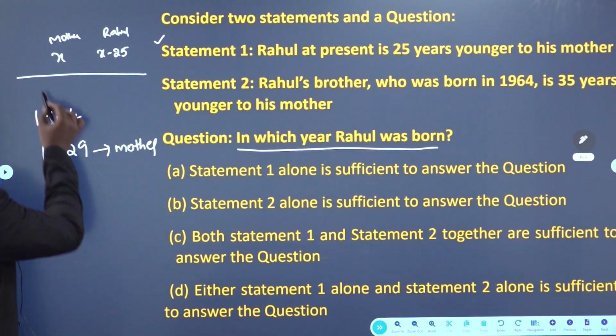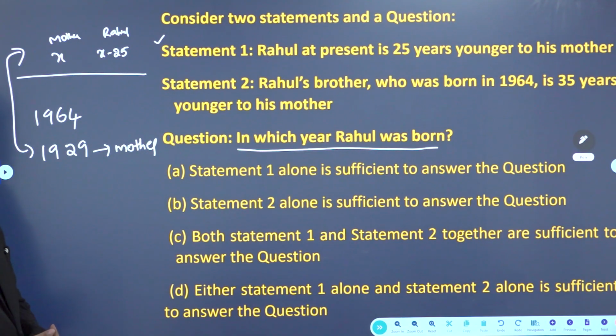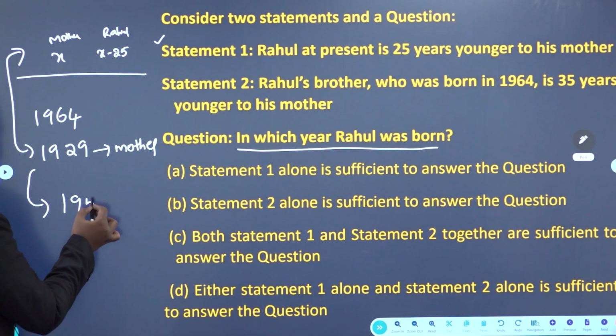Now I will compare statement 1 and statement 2 combinedly. According to statement 1, he is 25 years younger to his mother, right? And his mother was born in 1929. Then in which year will Rahul be born? 1953.